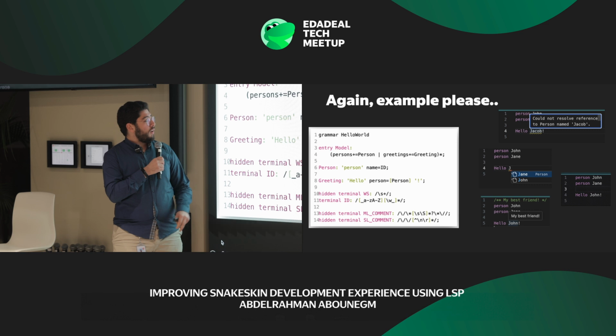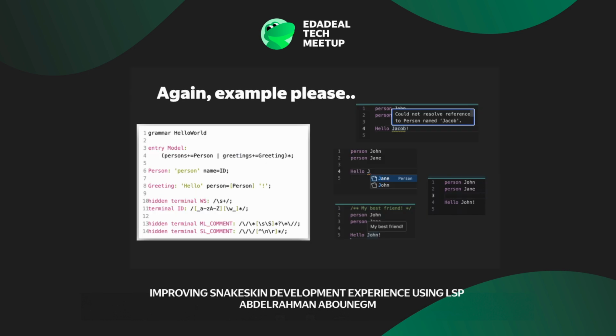Let's see an example. This is my grammar definition. Of course, not Snakeskin, just an example language. We define some tokens. Don't worry about that. Just single line comment, multi-line comment, identifiers, and so on. And we have two things in this language. We can define a person with an identifier, and we have a greeting for this person. Just by defining this grammar, it can do reference resolution, because I told it here, I need this to be a reference to the person.